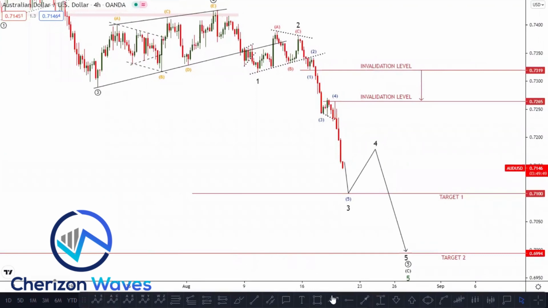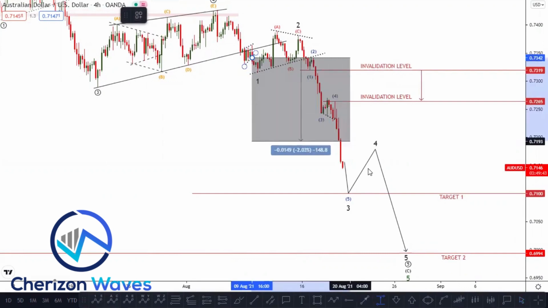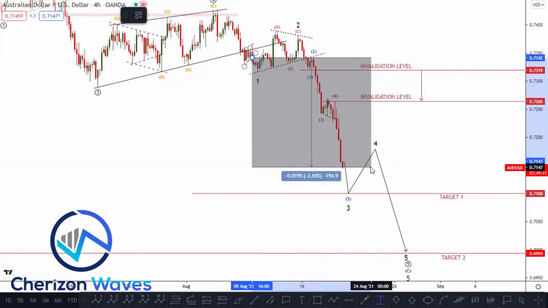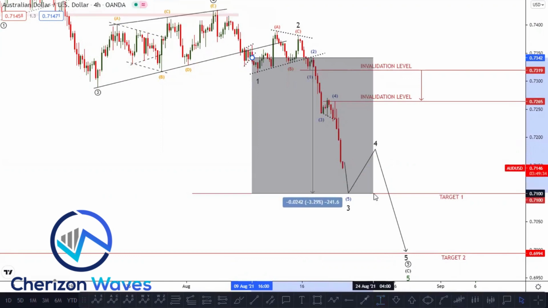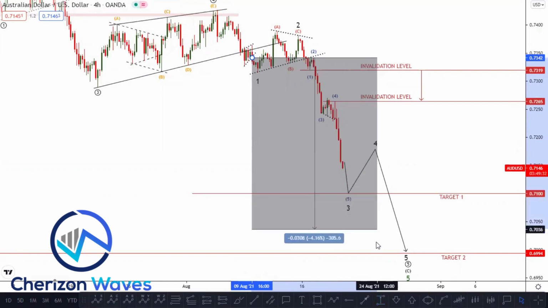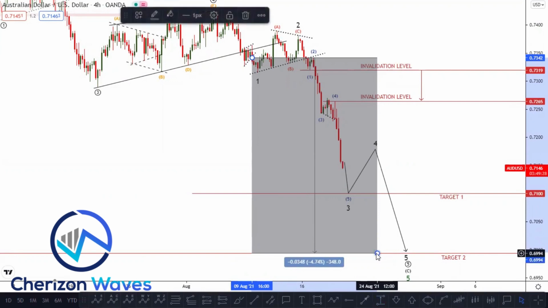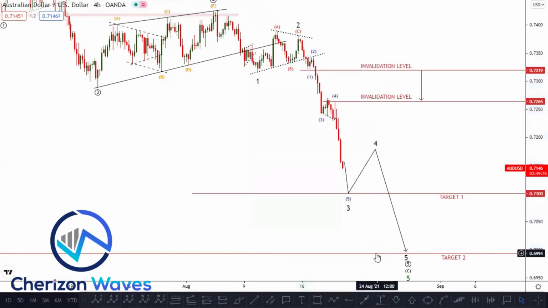This move, from when we started trading it at the breakout of the triangle, is running at around 195.6 pips. We're still aiming at 241 pips, and the second target is 348 pips.